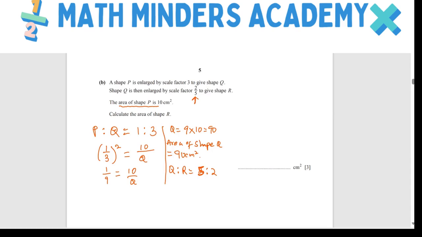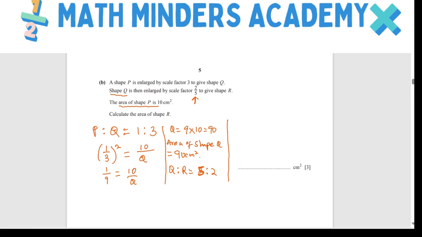That means shape Q is going to be bigger because this fraction is less than 1. It means the enlargement is going to bring about a smaller image. So that is why we assign 5 to Q and assign 2 to R, because the image R is going to be smaller. So we have that because the scale fraction is a fraction that is less than 1.